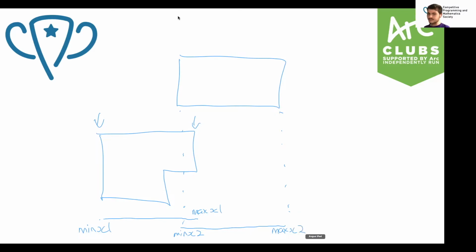To check if they intersect, there are a few ways of doing that, but one of them is you find the biggest minimum, so the maximum of min x1 and min x2. This is the minimum x coordinate of the two lines, and compare this to the minimum of the two maximums.